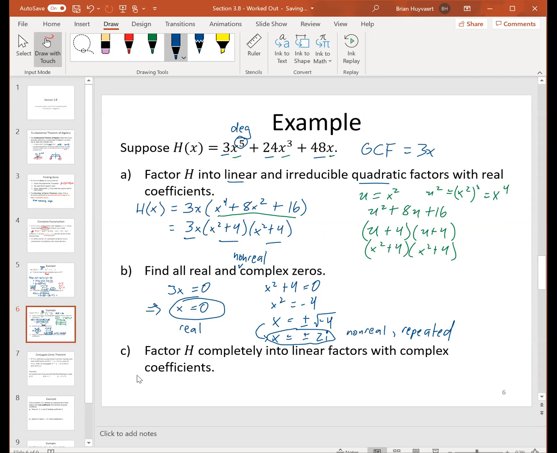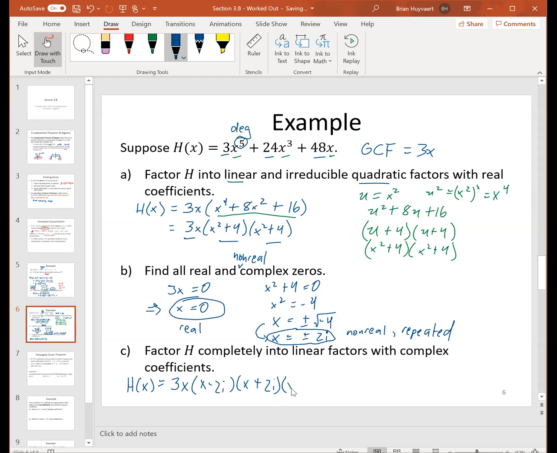So okay, let's factor h completely into linear factors. 3x was already factored into a linear factor, but x squared plus 4, we're going to break that down. We're going to say x minus something and x plus something. So we get x minus 2i and x plus 2i for the first factor.